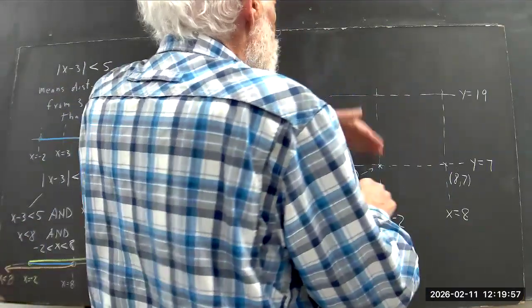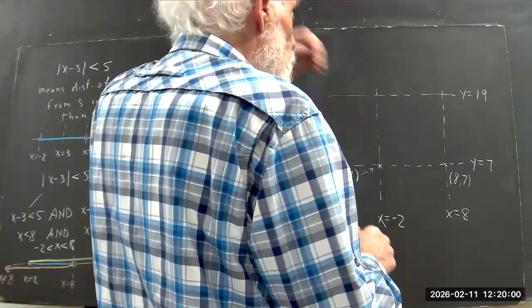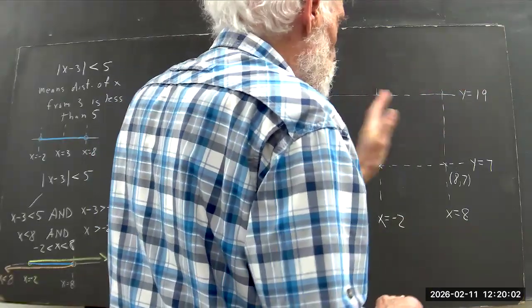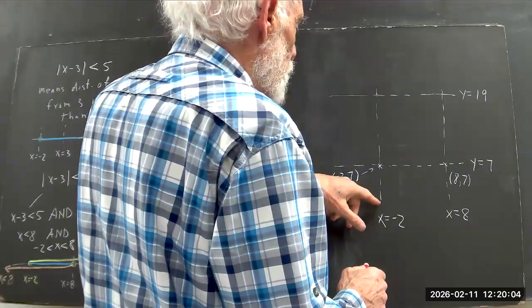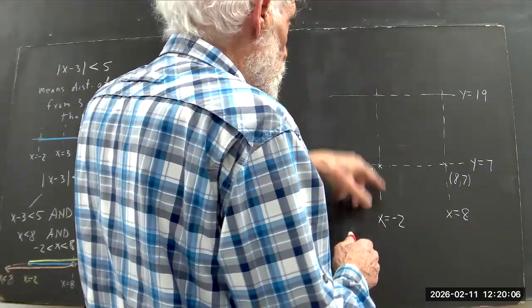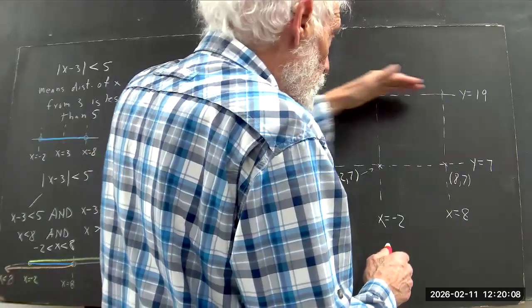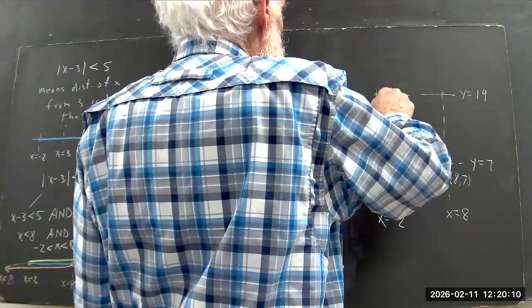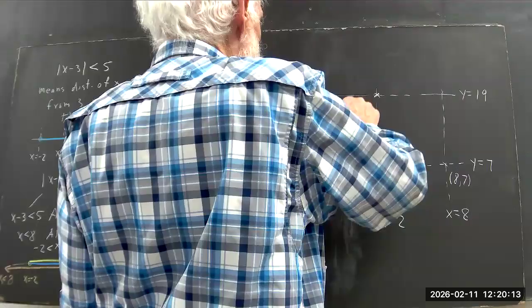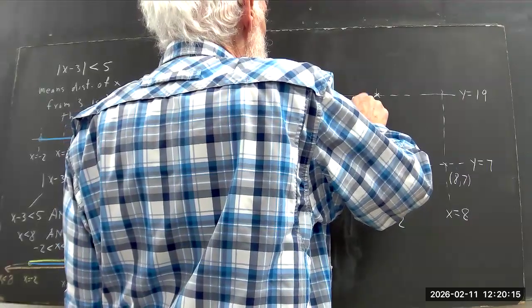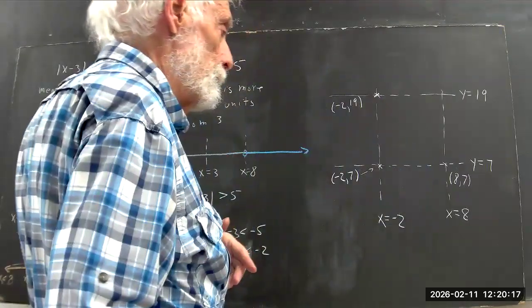Okay, then we go to the intersection of the upper line with the two vertical lines. The x equals -2 line is the one to the left, and it intersects the upper line, the y equals 19 line, at a point that we call -2, 19.